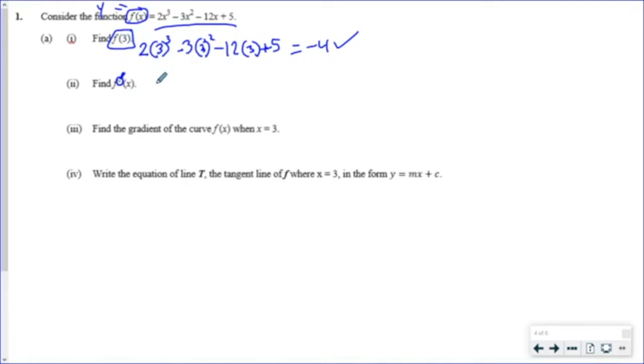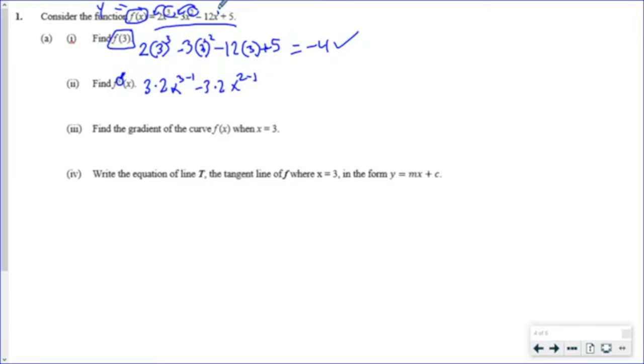So, power rule. This 3 goes in here, multiply 3 times 2x to the 3 minus 1. Next, this goes over here, so it's negative 3 times 2x to the 2 minus 1. Whew, getting there. That's a 1 there, not a 0.